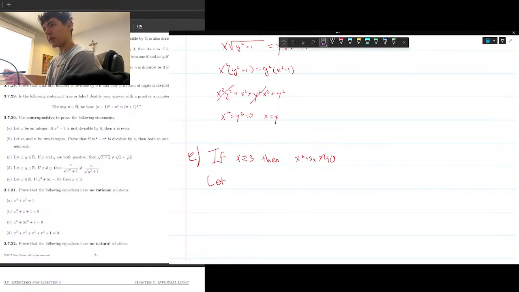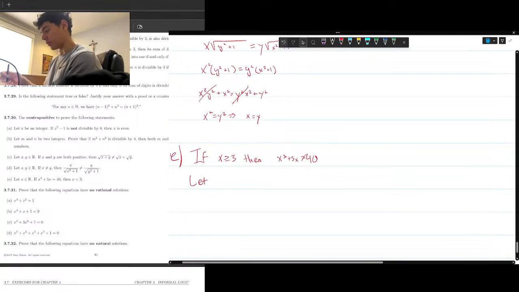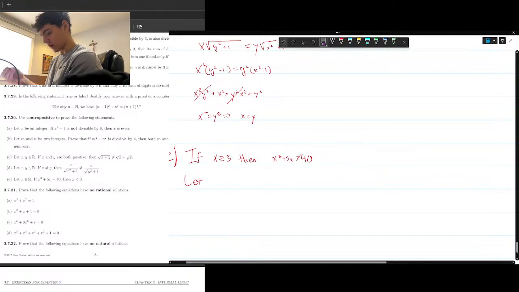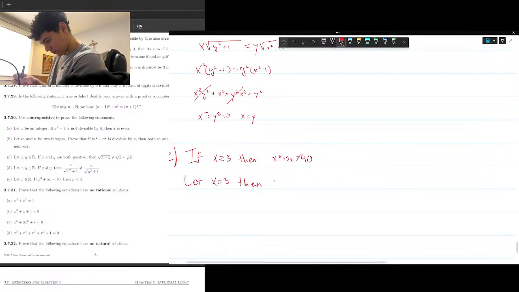So if x cubed plus 5x equals 40, then x is less than 3. This doesn't make sense. Oh, x cubed, never mind. So x equal to 3, I thought it was squared. Apologies. What's 27 plus 15? 42?